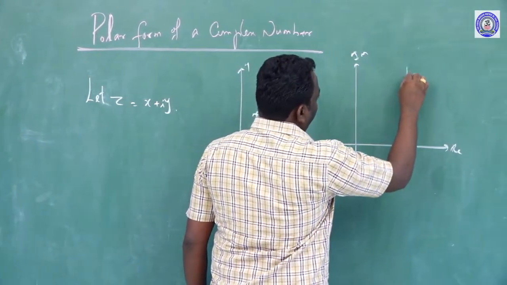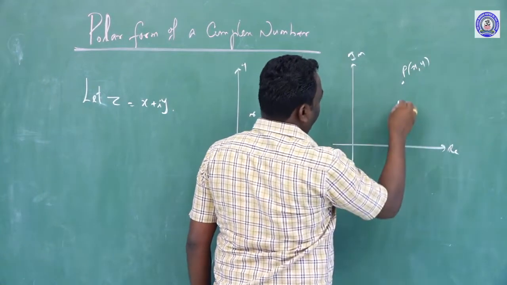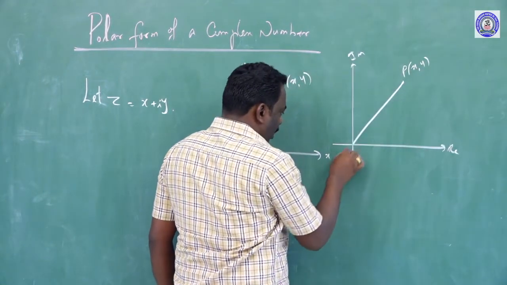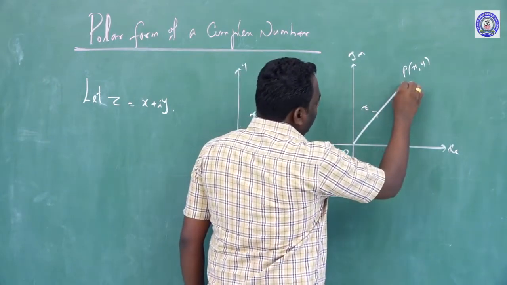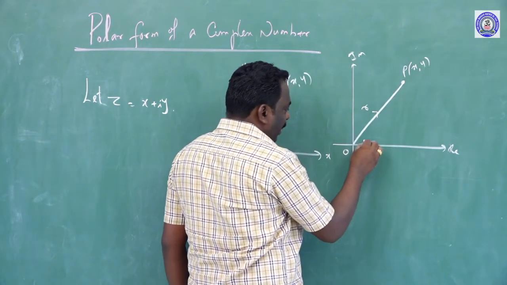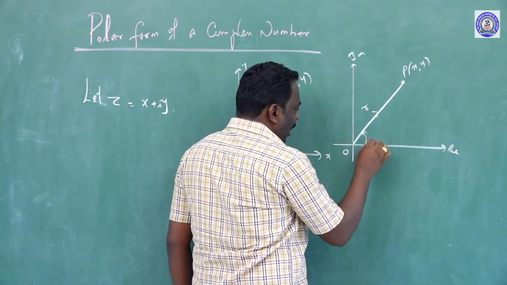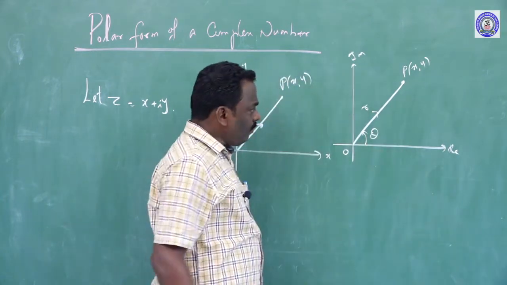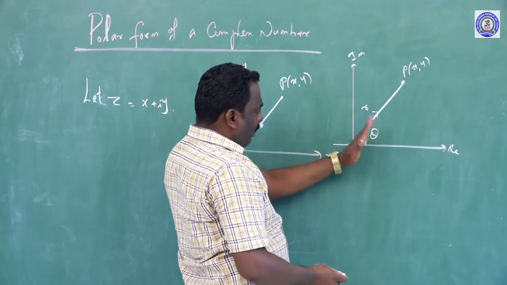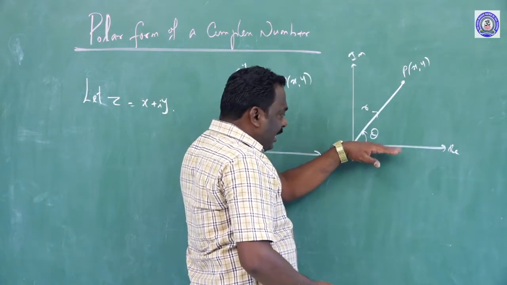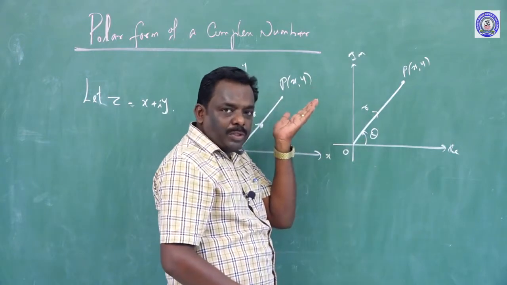Again we can take a point P, x comma y, and draw the vector from the origin to the point, defined by r. This vector makes an angle with the x-axis, defined by theta. The positive direction of the x-axis is the anti-clockwise direction, which gives the positive direction of the angle.